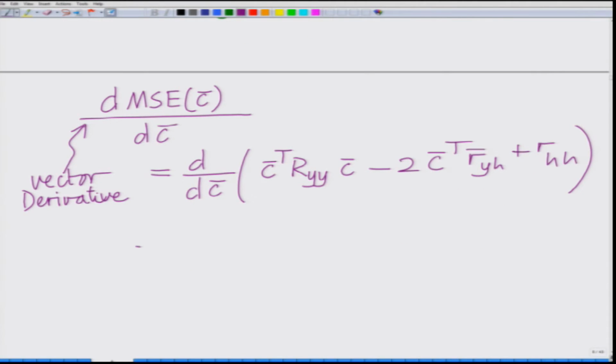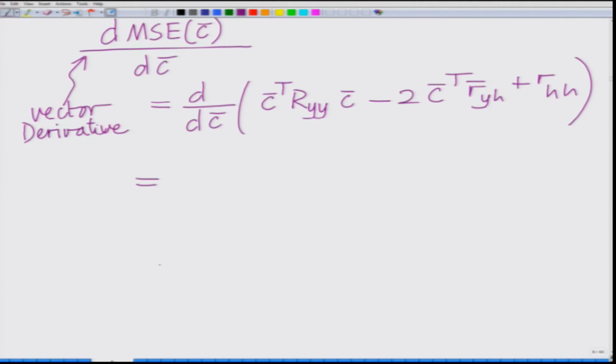Now, you can see, this first term is of the form C bar transpose P C bar.